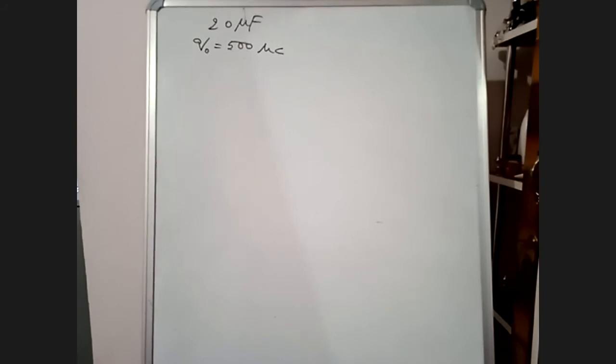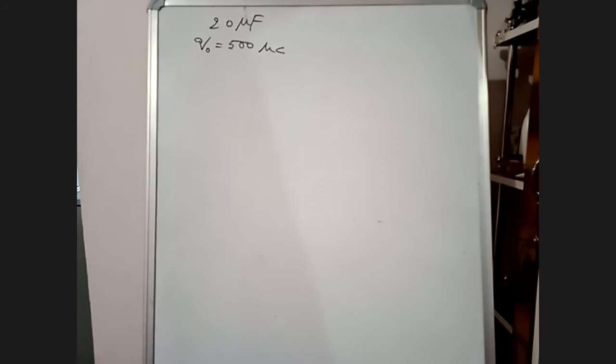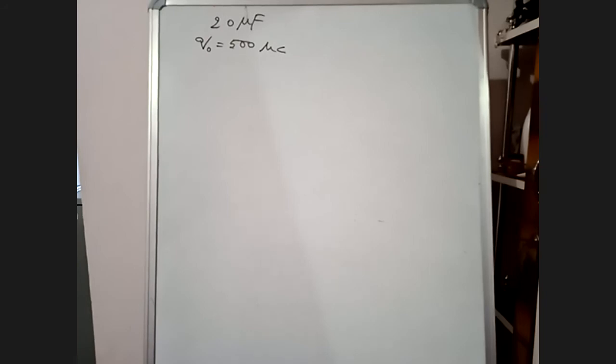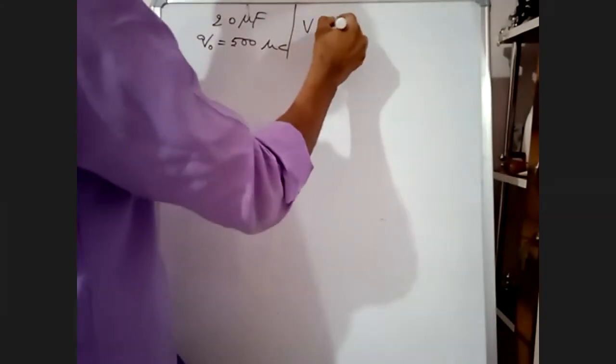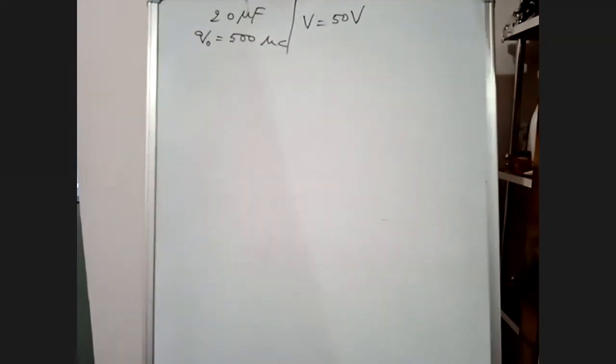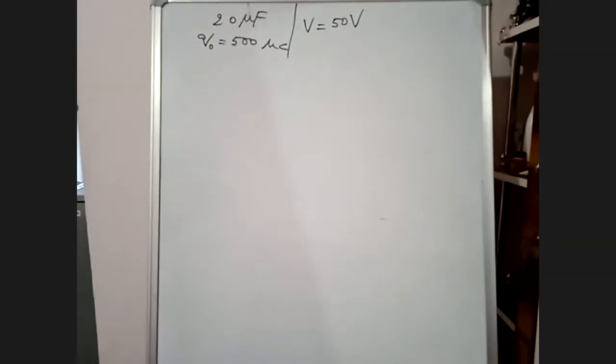At t is equal to 0, the switch is closed, thereby applying a constant voltage V equal to 50 volts.